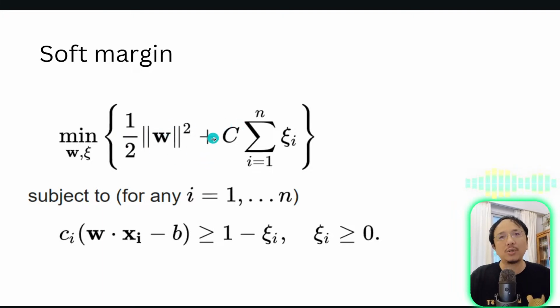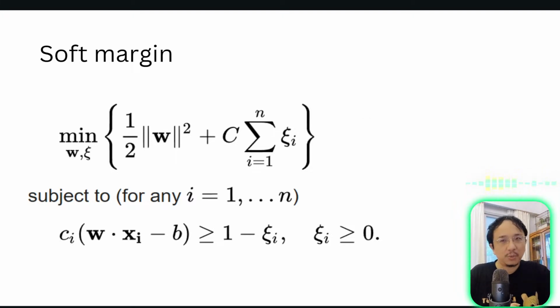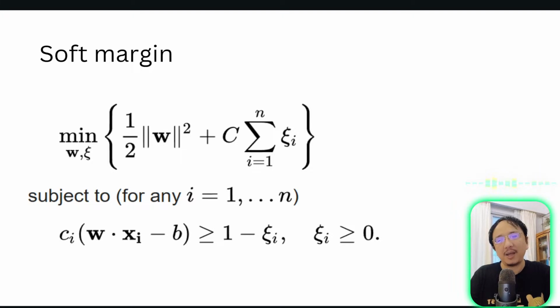So we introduce a constant C here, so that we can adjust the scale of the penalty. This is called a soft margin. One of the benefits of the soft margin is that it plays very well with the dual optimization problem of the support vector machine.